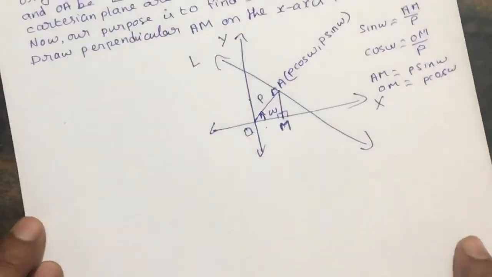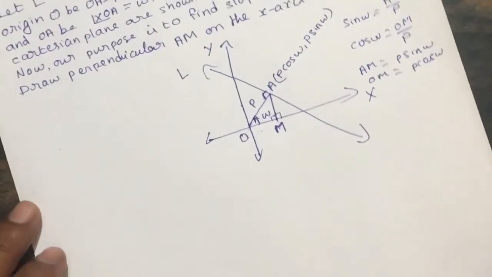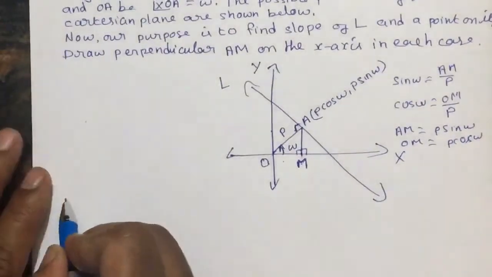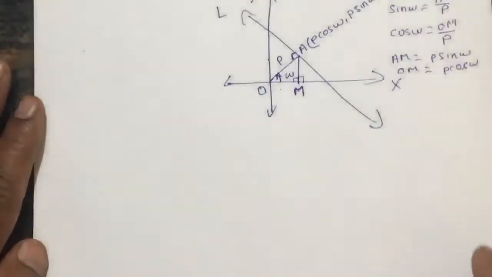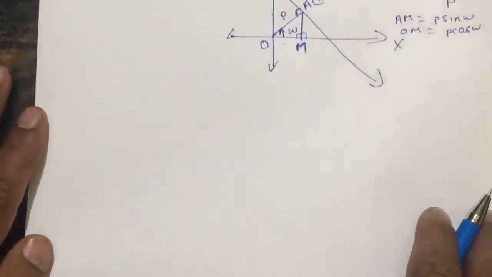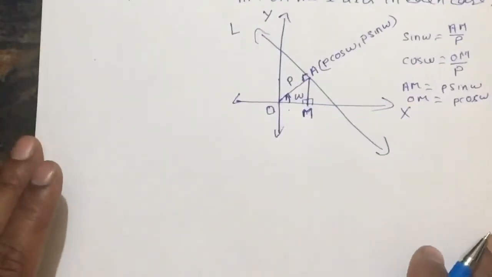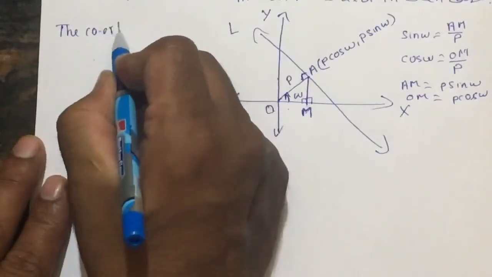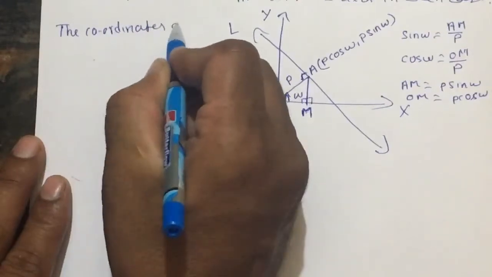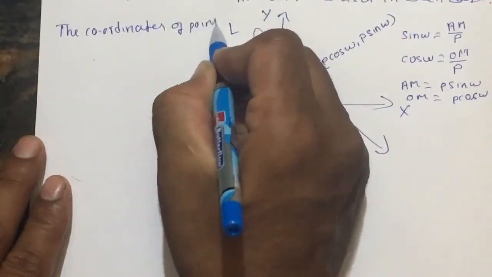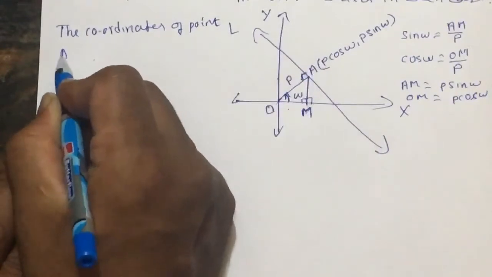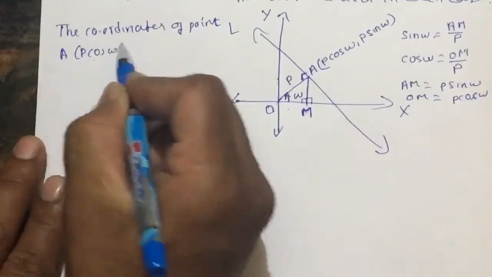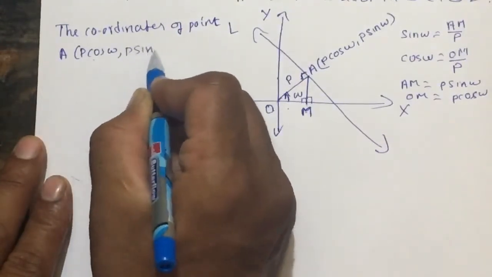Therefore, from this diagram I found out the coordinates of point A as p cos omega, comma p sin omega.